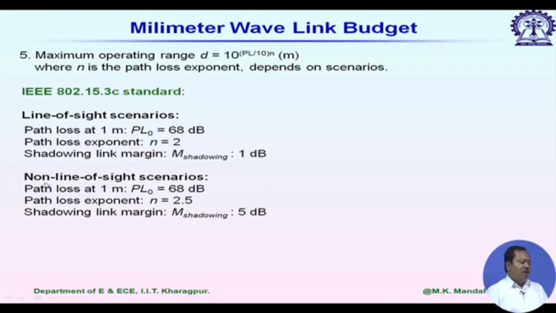But for the non line of sight scenario, path loss at 1 meter is the same value, 68 dB, consider path loss exponent n equal to 2.5 and shadowing link margin equal to 5 dB. So, these are some suggested values for this IEEE standard.